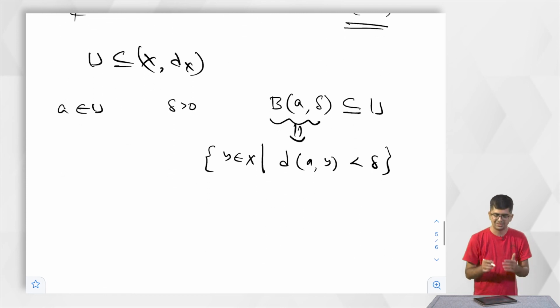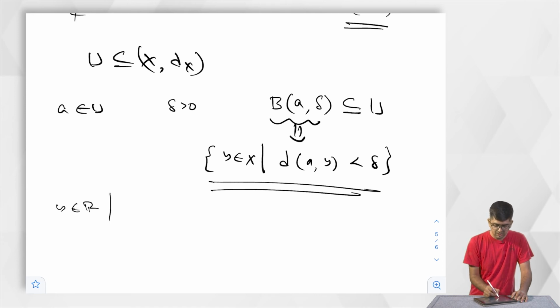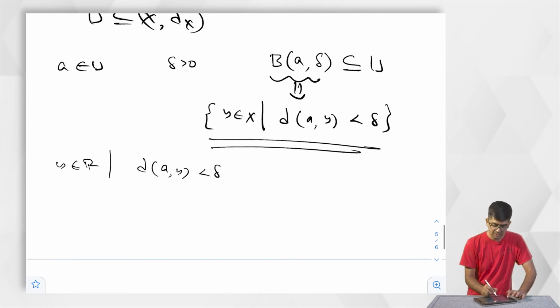If you observe, this is the same thing as the interval. Let us see whether that is the case or not. Take d to be the usual metric, the modulus, and U a subset of R. Suppose we take some element y belonging to R with d(a, y) less than delta. What does it mean?